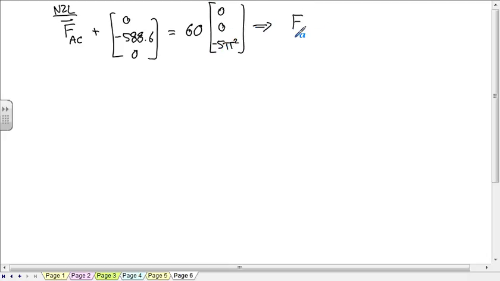And so F_AC is the same thing we got before: 0, 588.6, and then negative 300 pi squared.